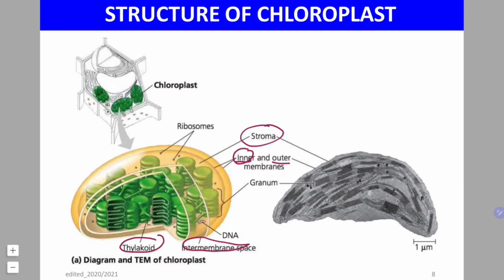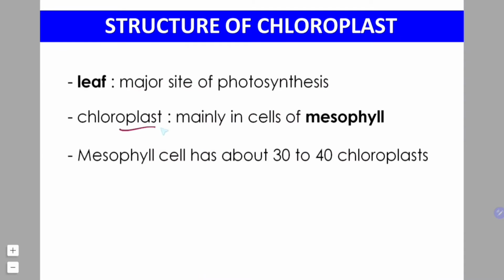In addition, chloroplasts also have their own ribosome as well as their own circular DNA. Chloroplasts are mainly found inside the mesophyll cell of the leaves. Each mesophyll cell will have about 30 to 40 chloroplasts.